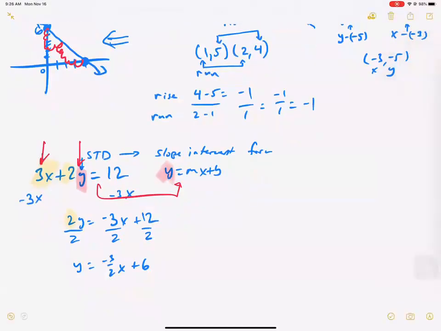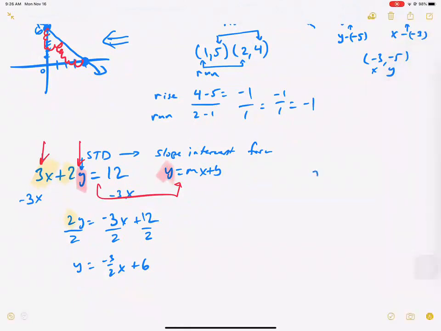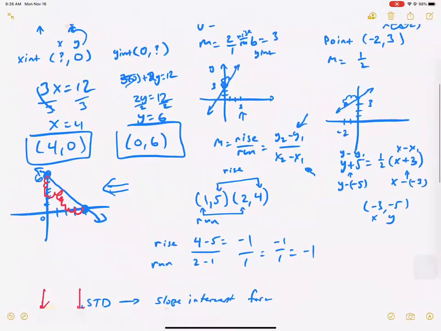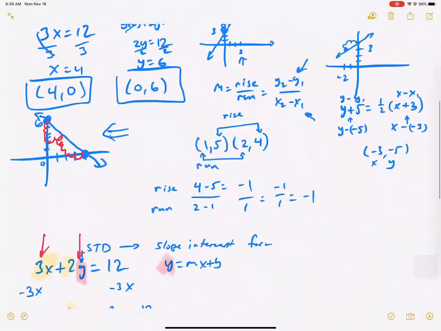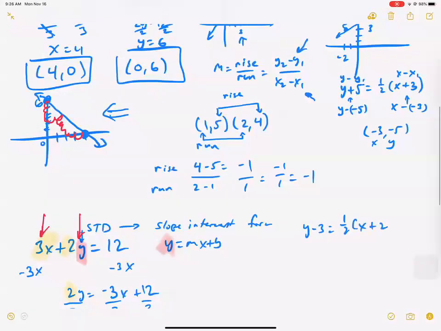So we're going to go on the right side now. We're going to go from point slope form to slope intercept form. We did the problem up here: y minus 3 equals 1/2 times x plus 2.